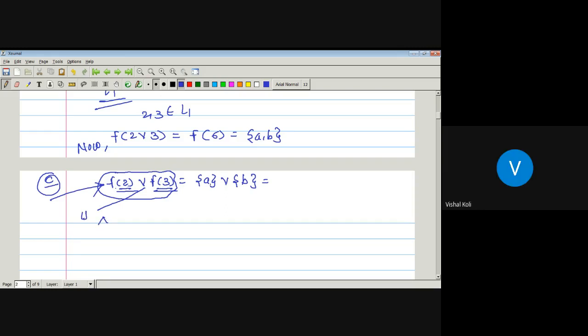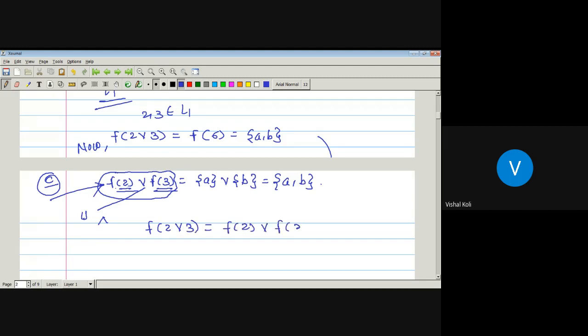Now singleton A join singleton B is nothing but singleton A union singleton B, which is the set containing two elements, AB. So f of 2 join 3 is nothing but f of 2 join f of 3.